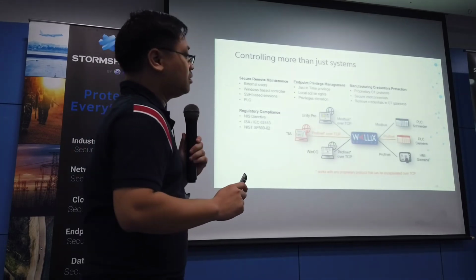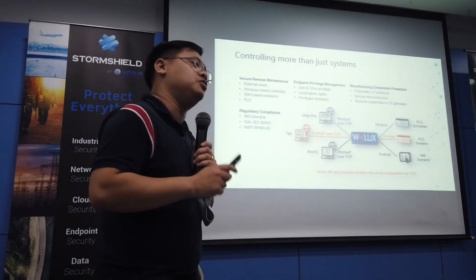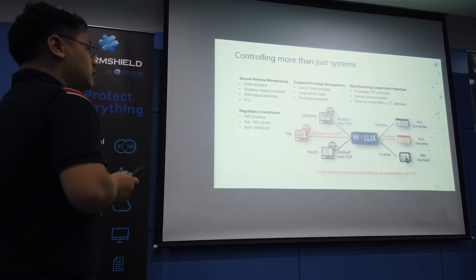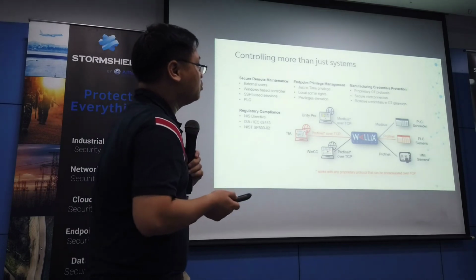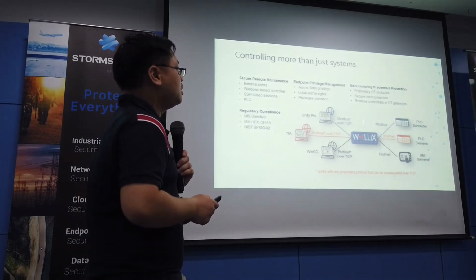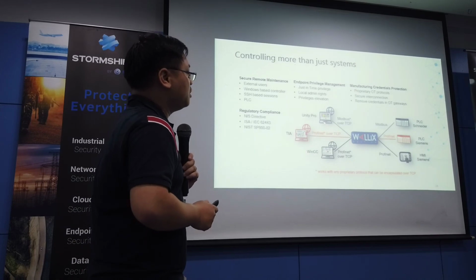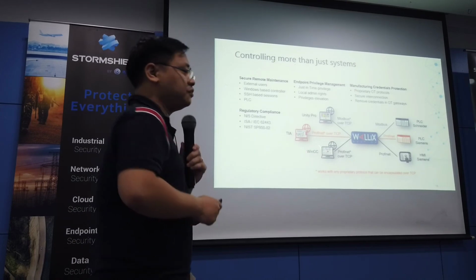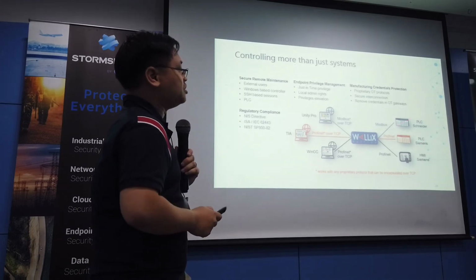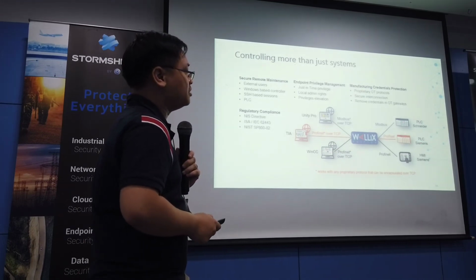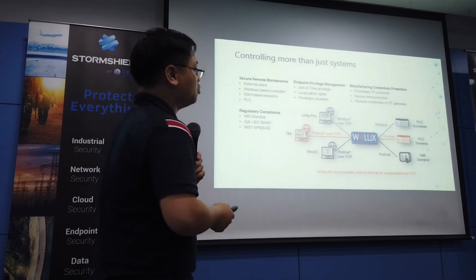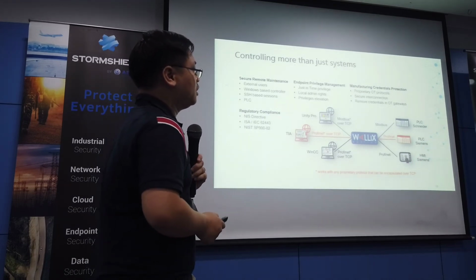So Walix has a unique technology. They are the only PAM solution that proposes it. It's what we call universal tunneling. What is universal tunneling? Let's say, for example, you have a workstation from IT, and you want to go to a PLC, Schneider, Siemens, human interface. You want to go inside the OT.